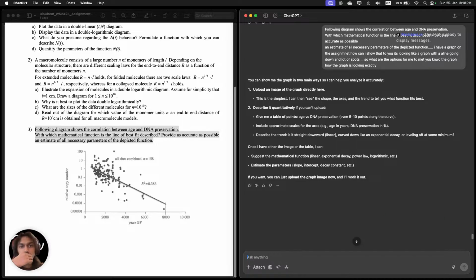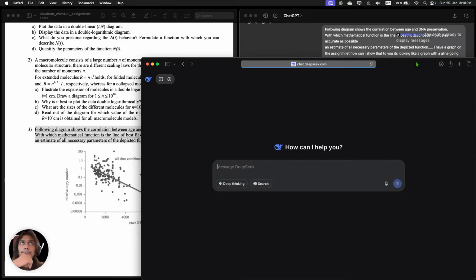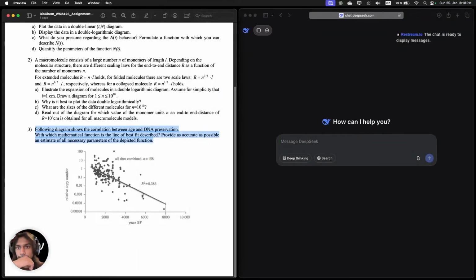Wait, there's one option. Let me check if it works. DeepSeek? We gotta seek deep, okay?